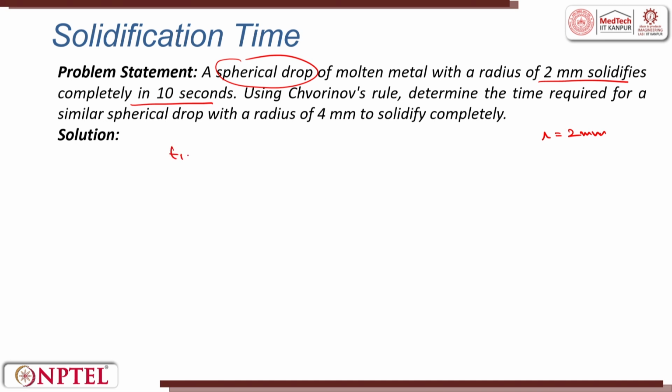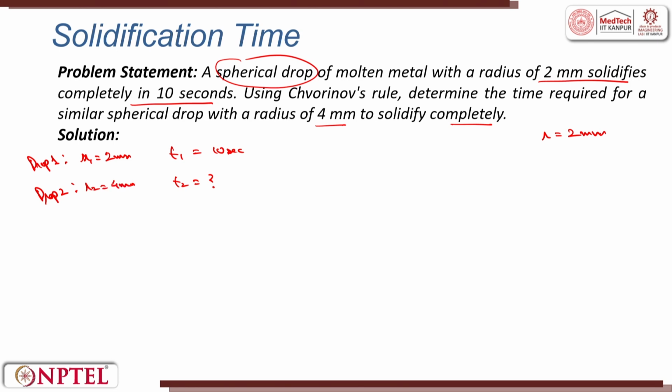I would say T1 is 10 seconds, because I am talking about drop 1. I have drop 2. For drop 1, time T1 is 10 seconds. For drop 2, time is to be determined. The radius of the first drop is 2 millimeters, the radius of the second drop is 4 millimeters.